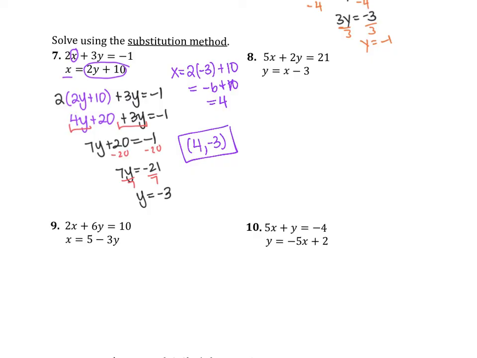Okay, let's try substitution again. Remember substitution, we're looking for x equals or y equals, so we can plug that expression into the other equation. So because y equals x minus 3, where the y is, I can replace it with parentheses x minus 3. 5x plus 2, pause, plug in x minus 3.